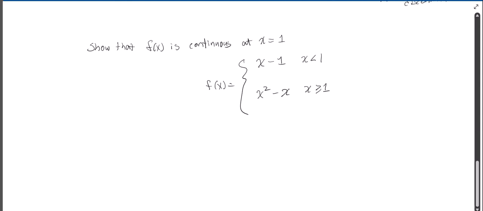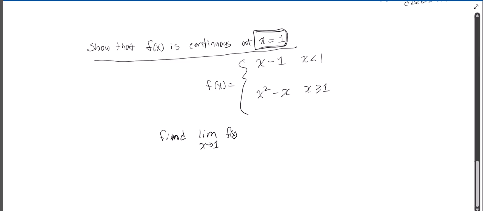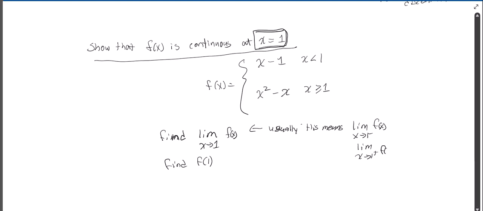Whenever you have to show that something is continuous, if this is your instructions, then you have to find the limit as x approaches 1 of f(x). And the reason it's 1 is because I'm trying to find where it's continuous there. You have to find f(1), and then you have to show that those two are equal. Usually this means you have to find the limit as x approaches 1 from the left of f(x), and the limit as x approaches 1 from the right of f(x).